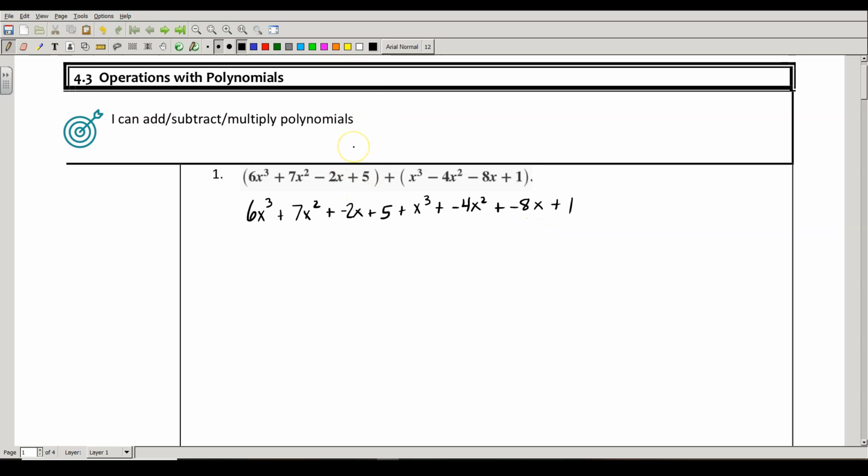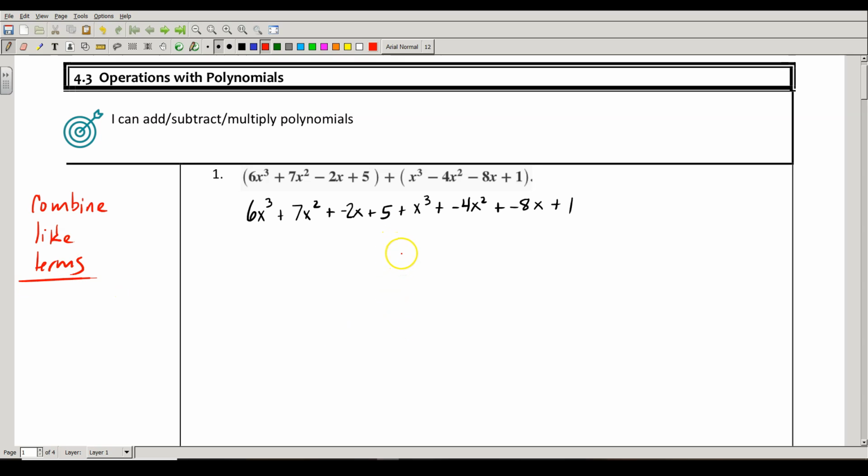So really, from the first problem to how we rewrote it here means the exact same thing. In essence, we just have a bunch of terms that we're trying to add together. And so all we're going to be doing here is combining our like terms. So on the side here, I'm going to put combine like terms.